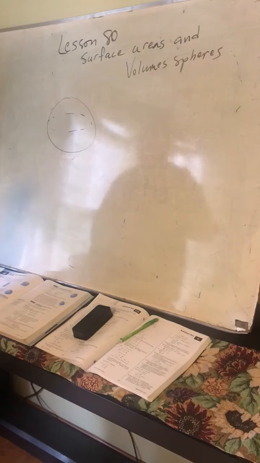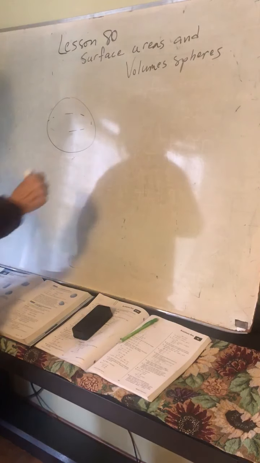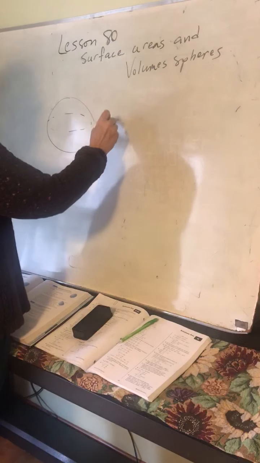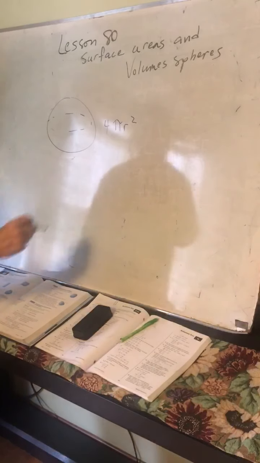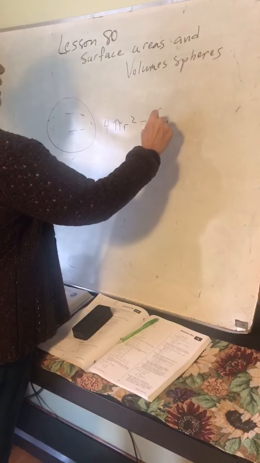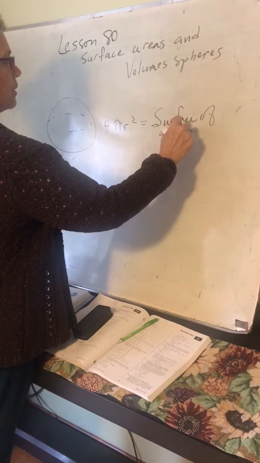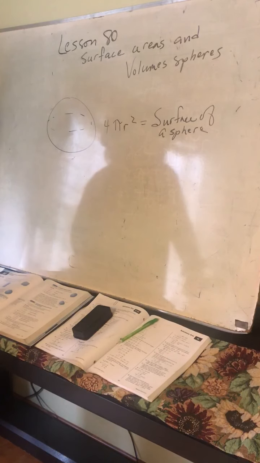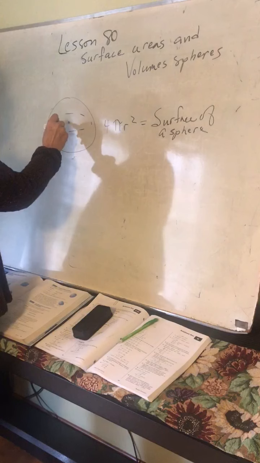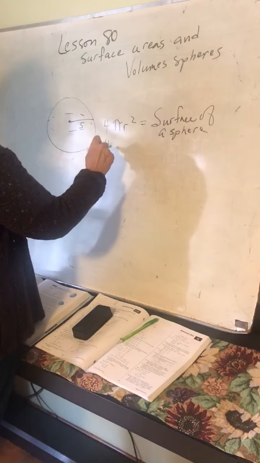So if we took this and flattened it all out, the surface area would be the area of a circle and then 4 times that. So that is the surface area of a sphere. If you know the radius of your sphere is 5, then it would be 4 pi 5 squared.